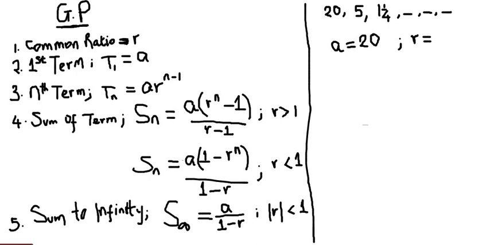When you divide 5 over 20, or 1 1/4, which is 5 over 4, by 5, you'll find that your common ratio is 1 over 4, or 0.25. So that is our common ratio.